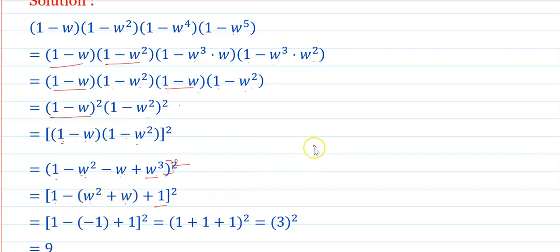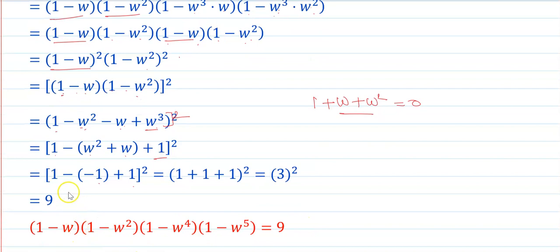Okay, what is the formula? 1 plus omega plus omega square, and that's equals to 0. And hence the value of omega plus omega square is minus 1. Okay, and minus minus, what will it be? Plus. That is 1 plus 1 plus 1, that is 3 raised to 2, and that's equals to 9. Hence the answer is 9.